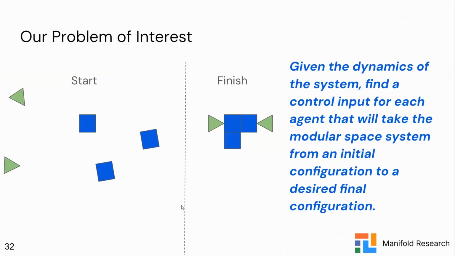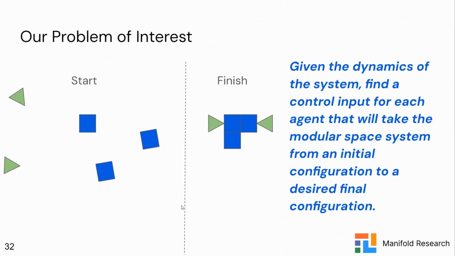And so our problem of interest, motivated by these two things, a swarm of assembly agents and a modular space structure composed of voxel modules, is to bring these two things together. We want to find a control input or design an algorithm to allow a swarm of agents to assemble and reassemble a modular space structure. And so that's going to involve a few pieces.